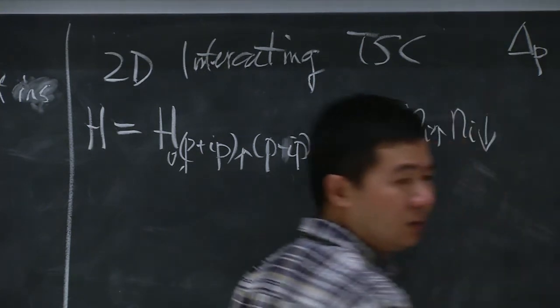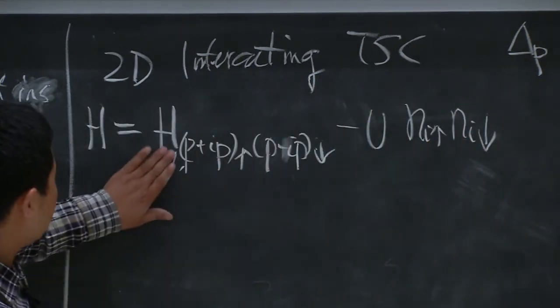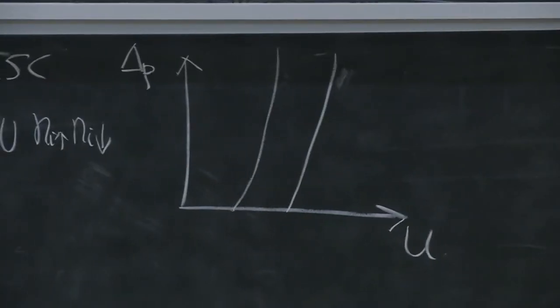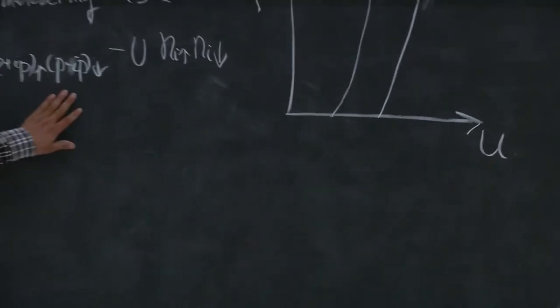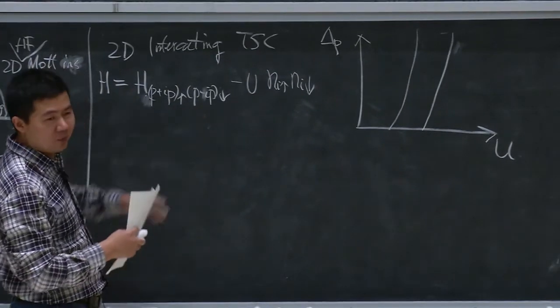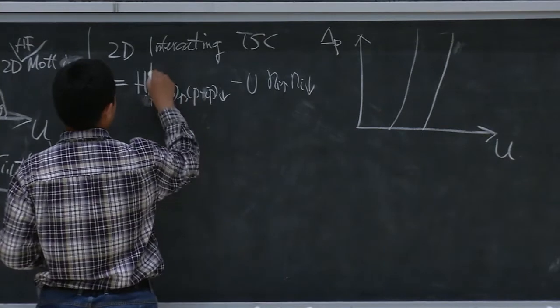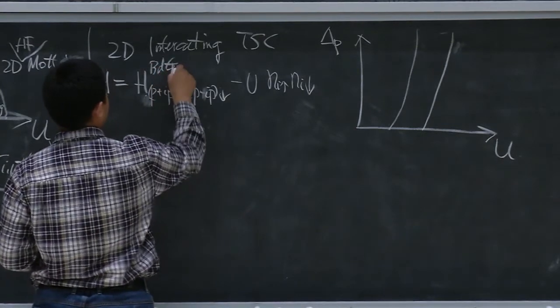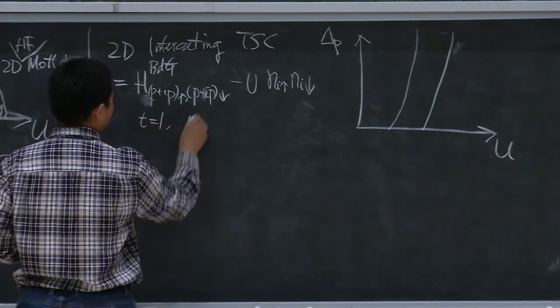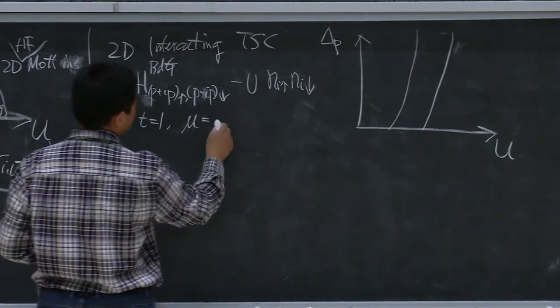What is H naught? H naught describes this p plus ip pairing for spin up electrons and p minus ip pairing for spin down electrons. Yeah, this is the BdG Hamiltonian. And hopping is t. There's some chemical potential on the square lattice, for instance.